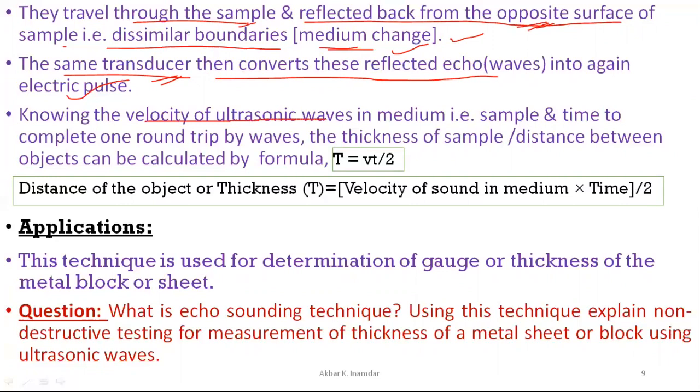By knowing the velocity of waves in the medium, meaning the sample, and the time to complete a round trip by the ultrasonic waves, the thickness of the sample or the distance of the object can be very easily calculated. Application: this technique is used to determine the gauge or thickness of metal blocks, sheets, etc.